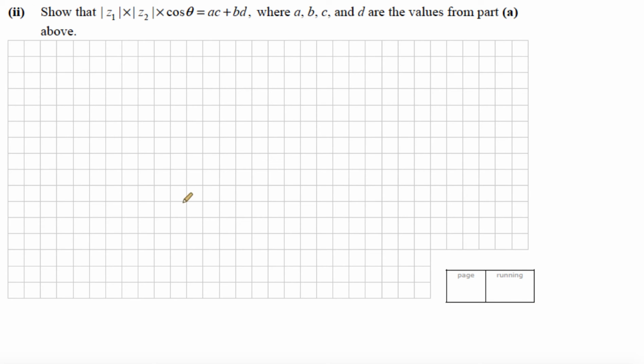Okay, finally B2 says show that the modulus of z1 multiplied by the modulus of z2 multiplied by the cos of theta is equal to ac plus bd, where a, b, c, and d are the values from part A. So we have to show that this identity is true. Okay, so the modulus of z1.